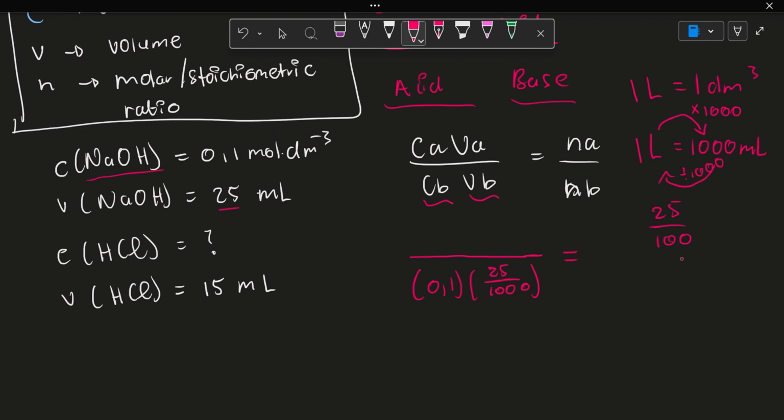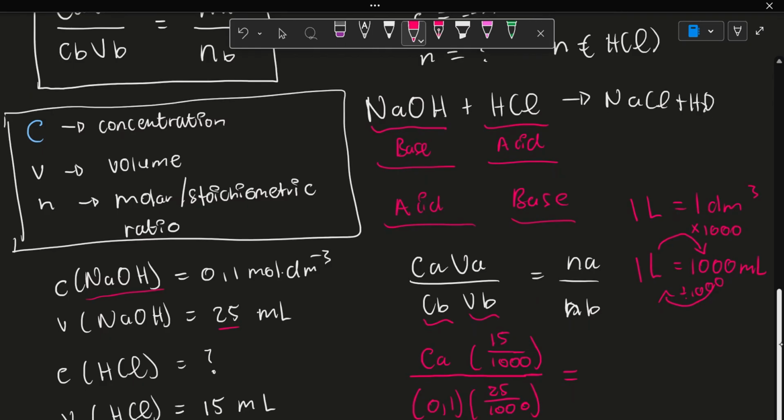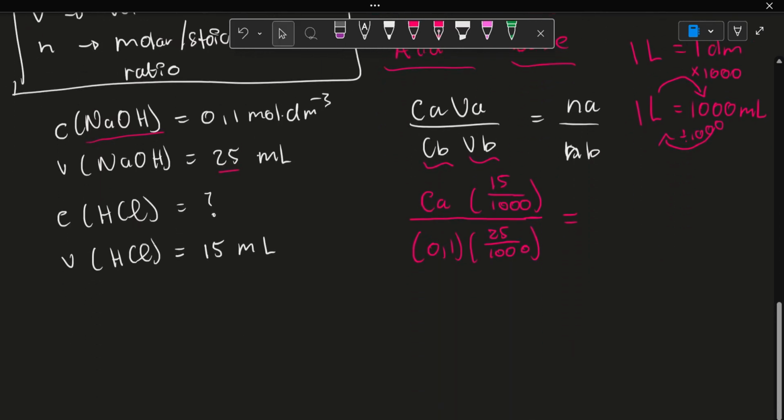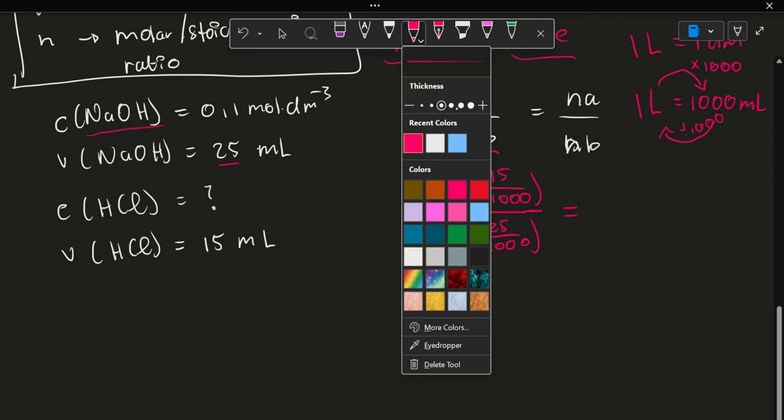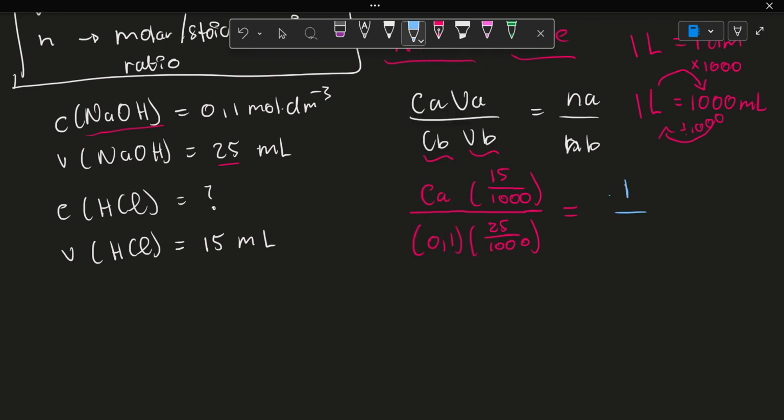And so what would I have at the top? You would obviously have to choose your acid as your hydrochloric acid, but you don't have CA, yet you have VA as 15 over 1,000. So what then would be your NA? Now remember, they are at a 1:1 ratio, and I did say that your NA and NB should be a stoichiometric ratio, so you're expecting them to be at a ratio of 1:1.